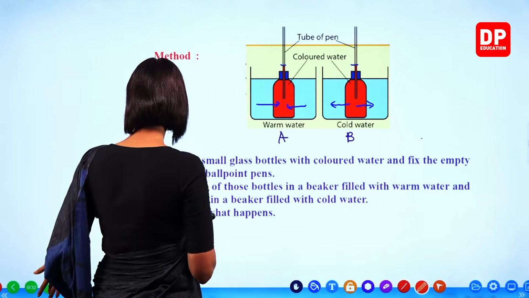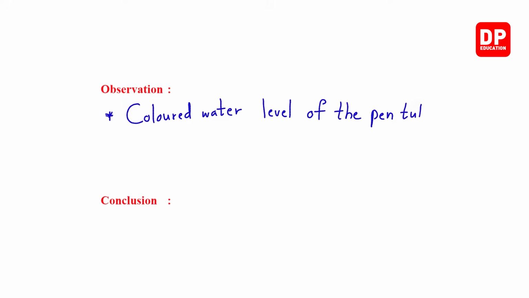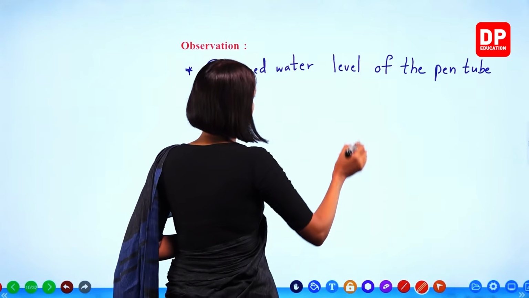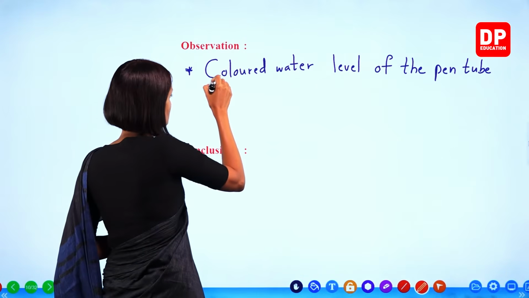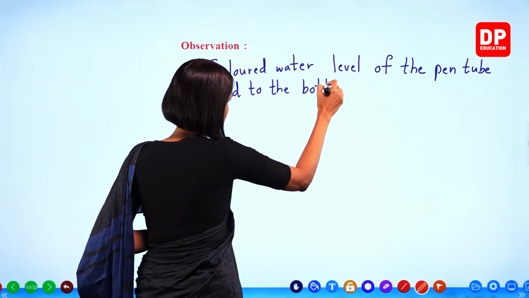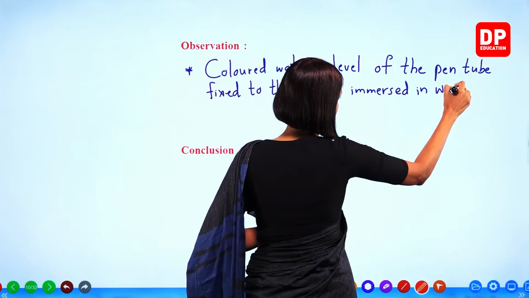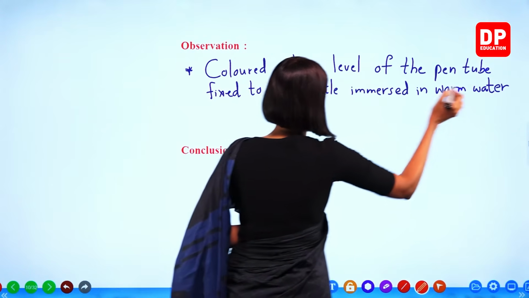Okay, let's write this observation. Colored water level of the pen tube fixed to the bottle immersed in warm water rises up.